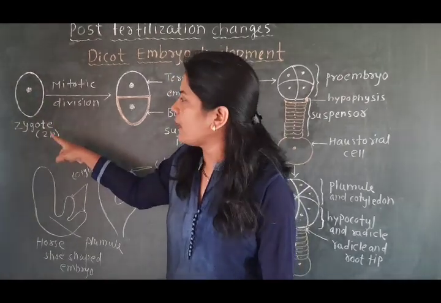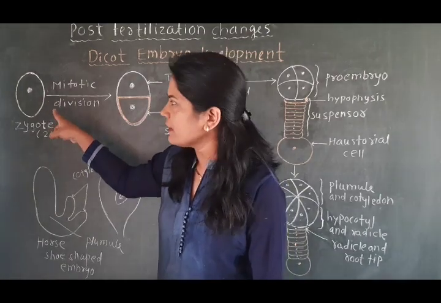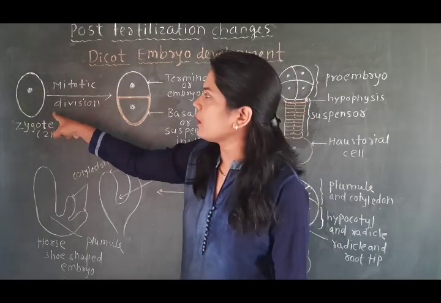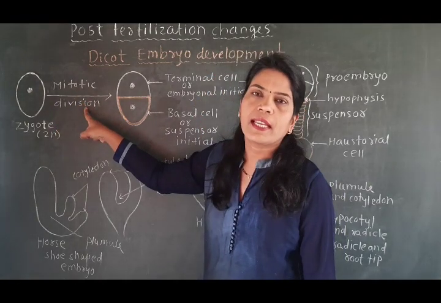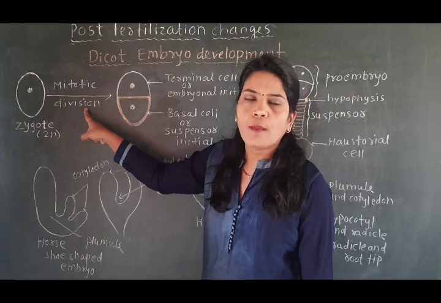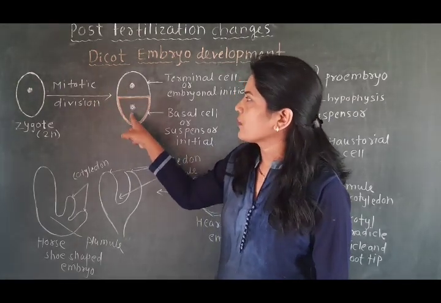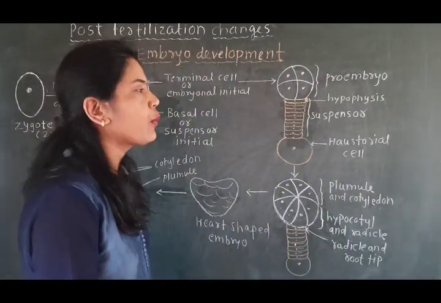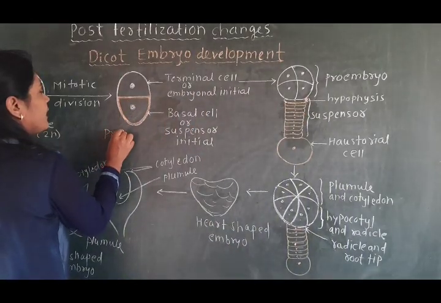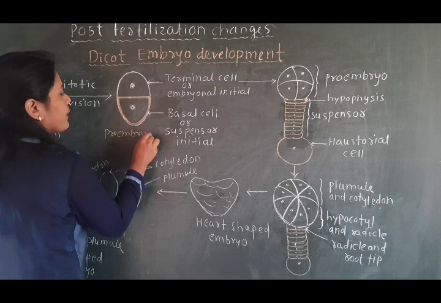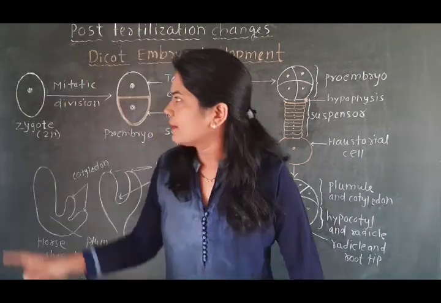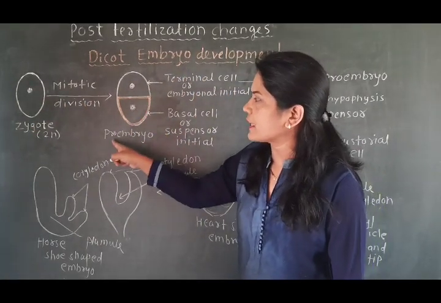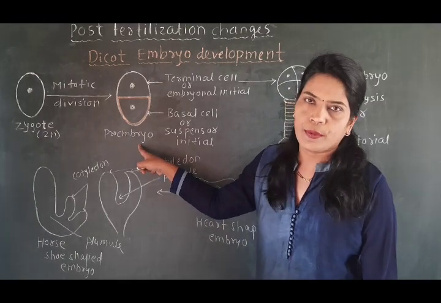So zygote is always diploid. This zygote undergoes mitotic division and forms a two cell stage, and this two cell stage of the zygote is called the proembryo.